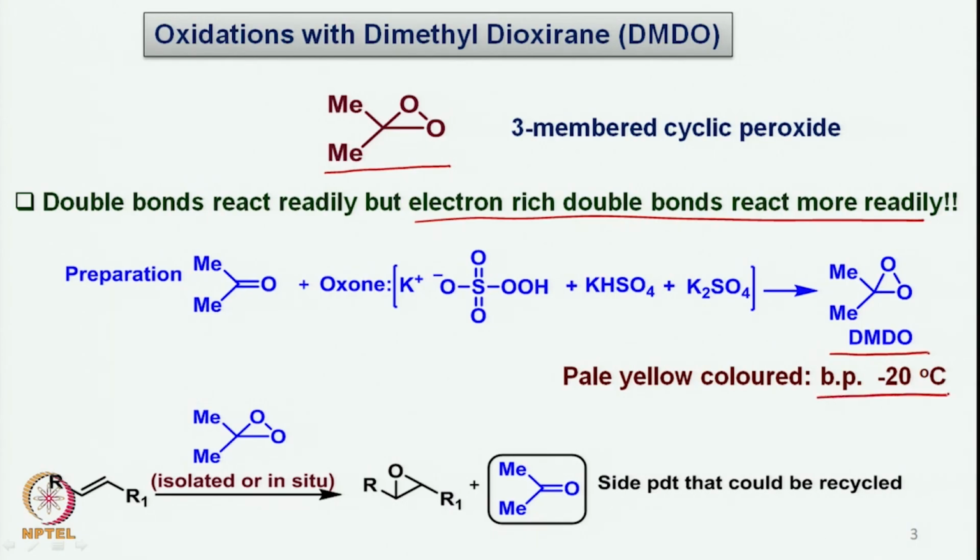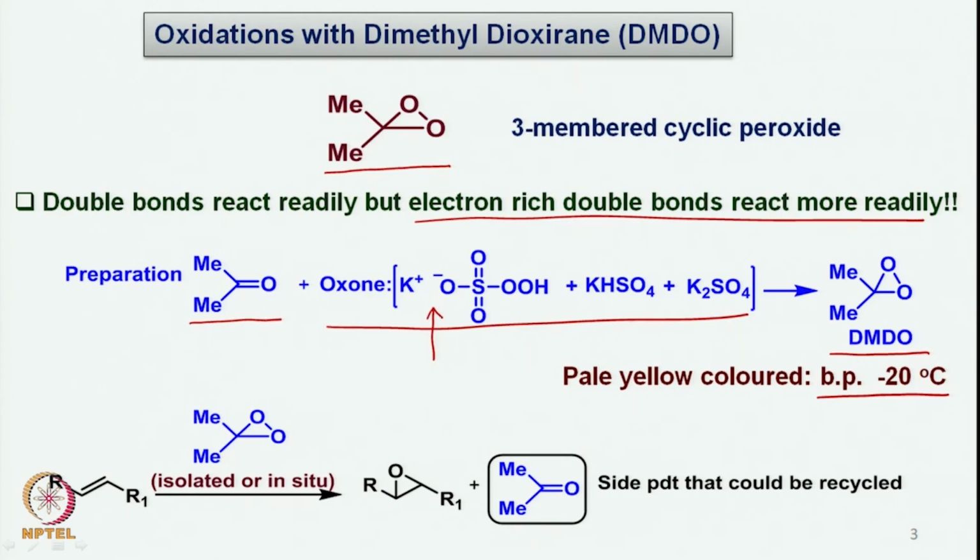That means it is a very low boiling compound, and it can be easily prepared from acetone and the oxone, which we discussed about last time. Oxone is nothing but potassium monoperoxy sulphate along with potassium hydrogen sulphate and potassium sulphate, but this is the main oxidant, and it is a very useful oxidizing agent.